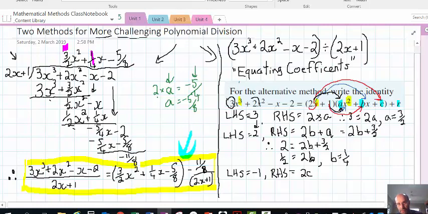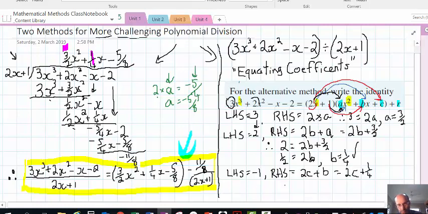It'd be 2cx, but we're just looking at the coefficients, so it's just 2c, and we have 1 times bx, or 1b, because it's just the coefficients. So 2c plus b, but we know what b is, we just found it, so that's 2c plus a quarter.